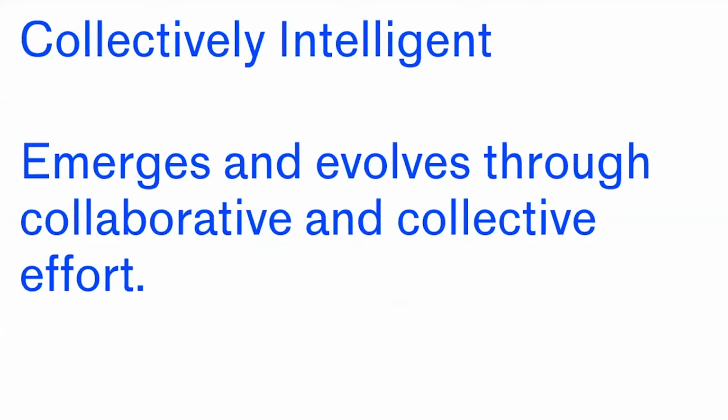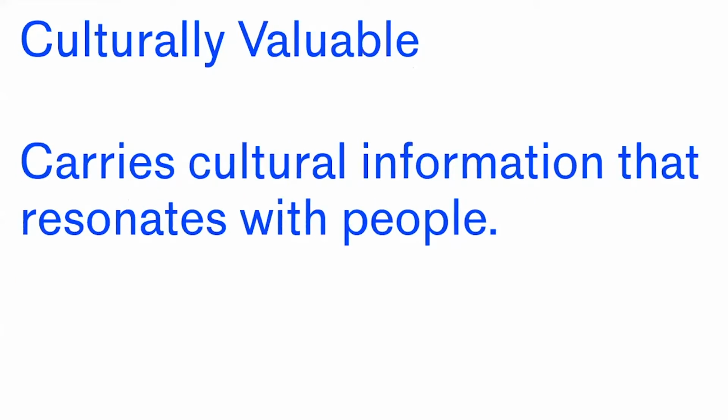It also emerges and evolves through collaboration and collective effort, also known as collective intelligence. And finally, it carries cultural information that resonates with people, so it's culturally valuable. So under this definition, a font can become a theory object.